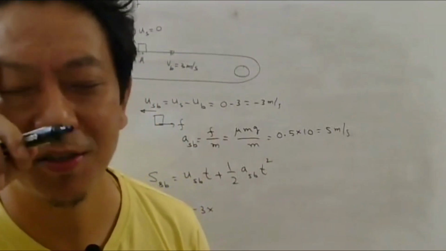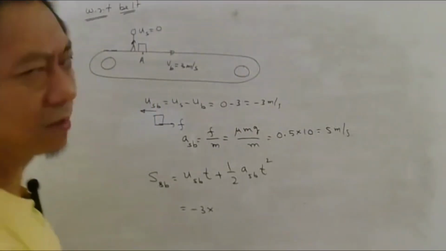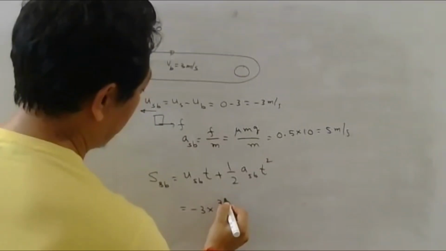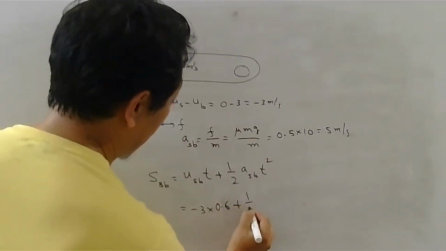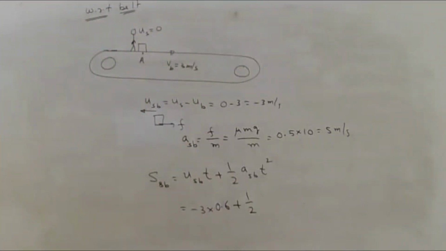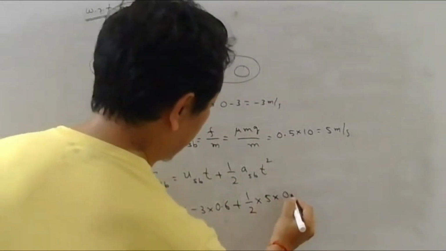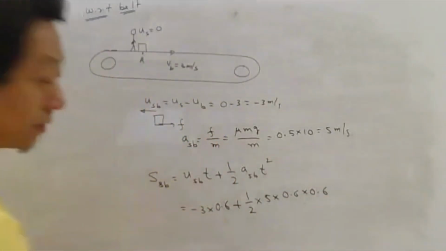Time taken, you check now, please. 3 by 5, which is 0.6, plus half. What is acceleration of suitcase with respect to belt? 5. Time will be same for everyone in this world if your watch is working.